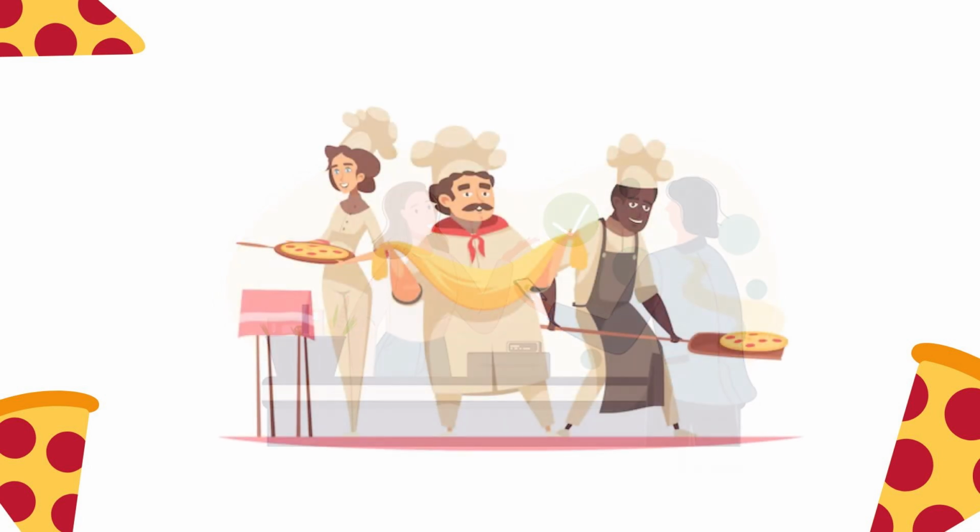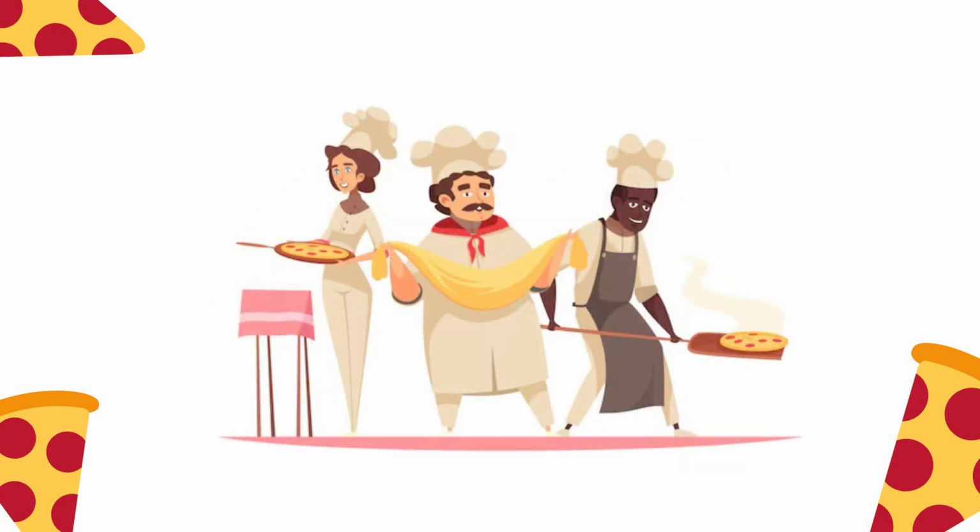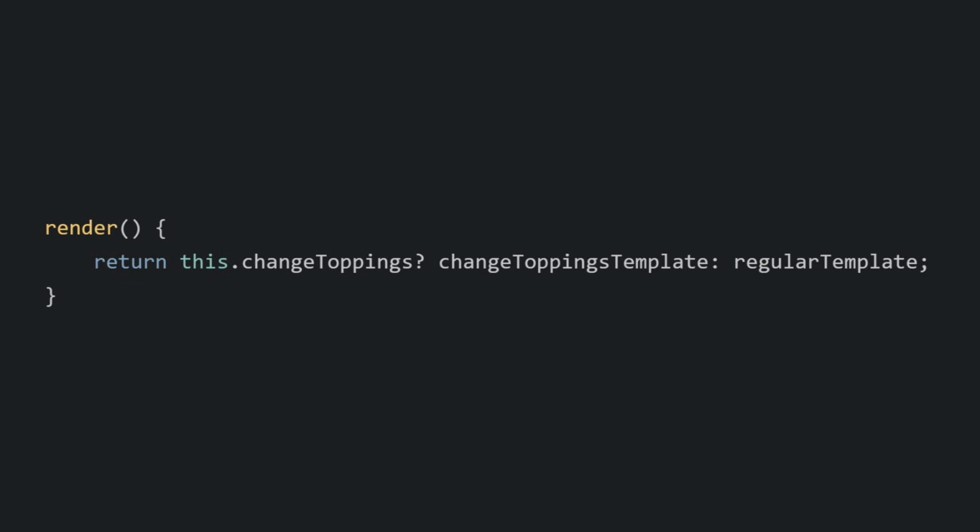If the customer changes the order, you re-render the kitchen to prepare the new pizza. Here is an example. Here, the render callback is called and updates the pizza with the new toppings. This is called after the DOM is updated due to changes in the component.